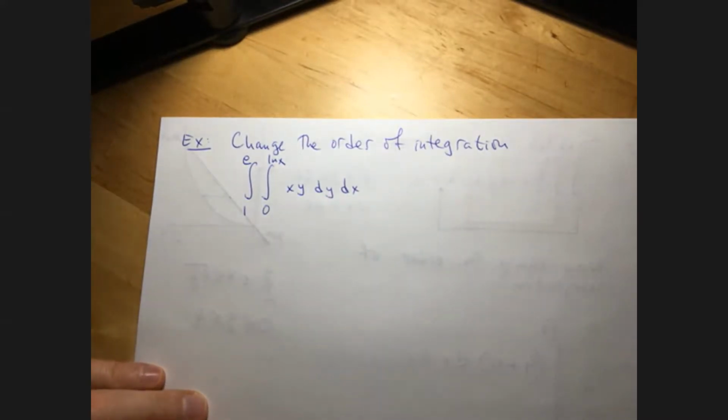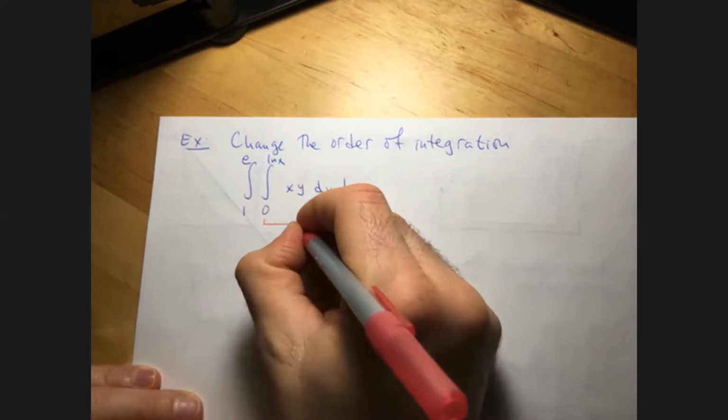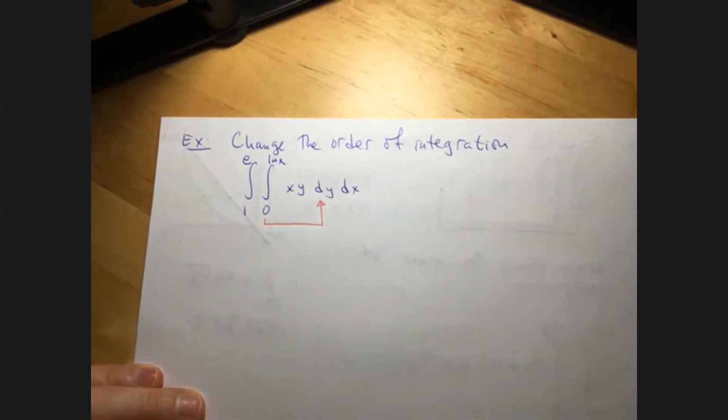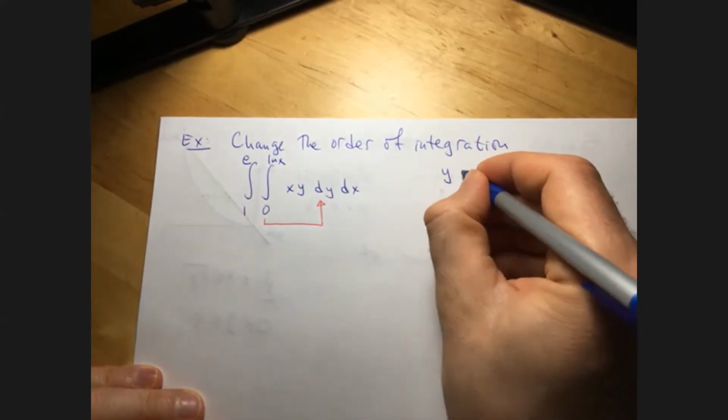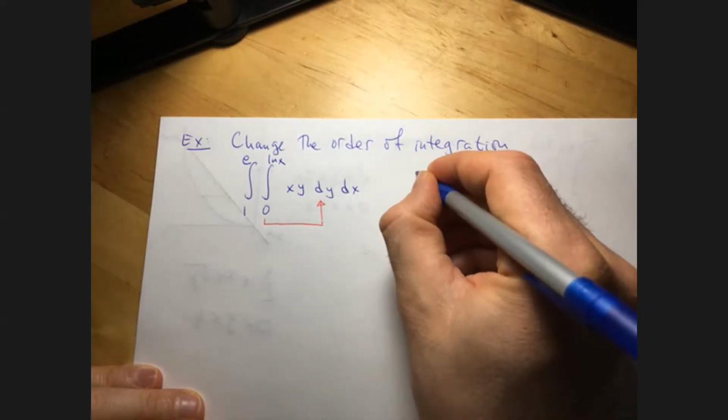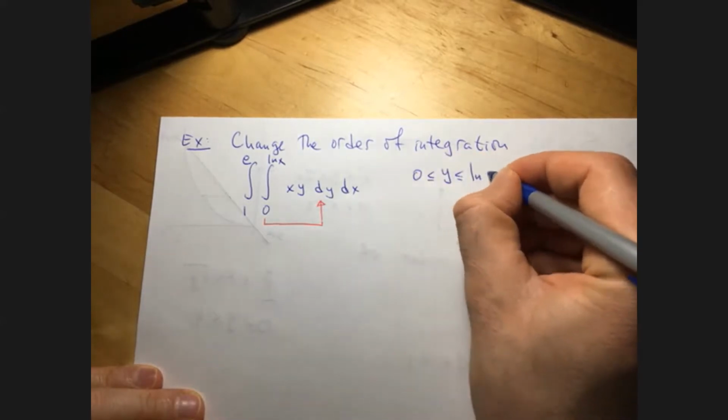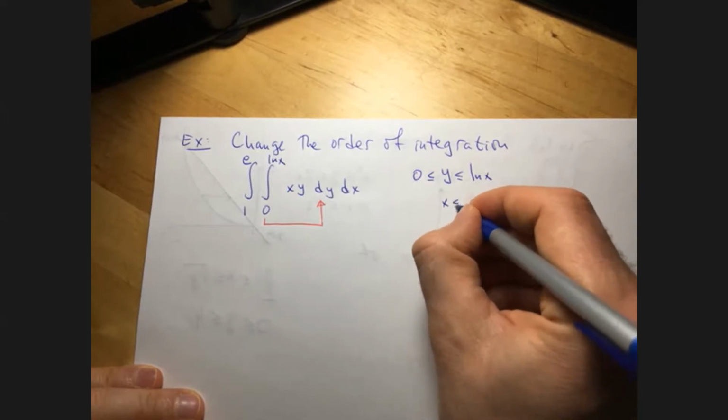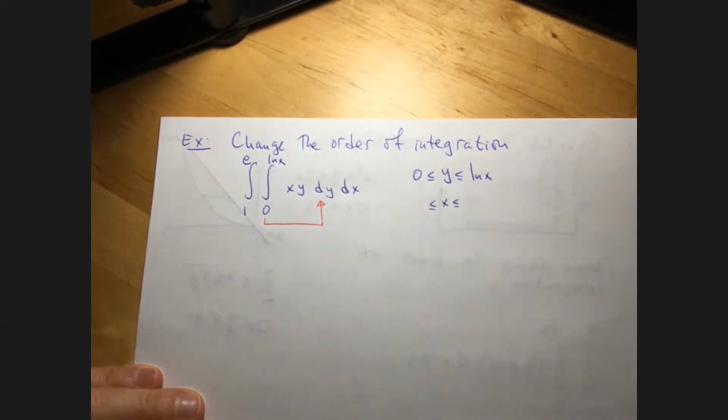Okay, so y is bounded below by 0, above by ln of x, and x is bounded between 1 and e.